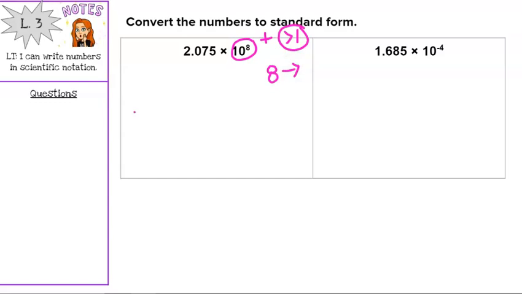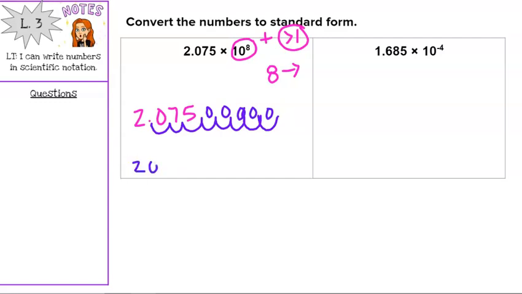So to do that, I'm going to take my coefficient, 2.075, and I'm going to take my decimal point and move it 8 jumps to the right. Just doing the opposite of what we did on the previous slide. 1, 2, 3, 4, 5, 6, 7, 8 jumps. And then those empty spaces get filled with zeros.